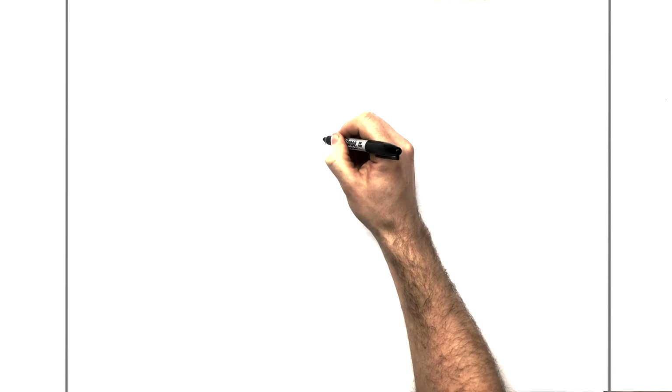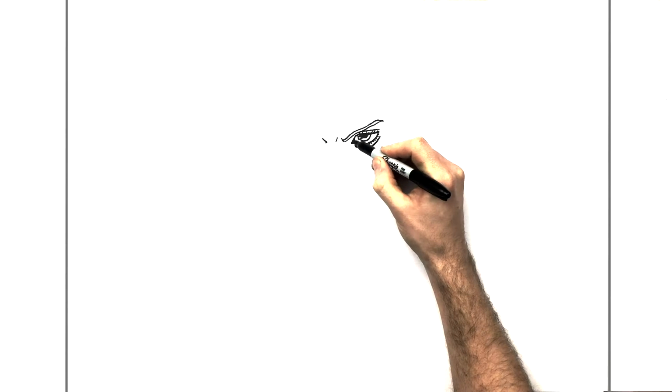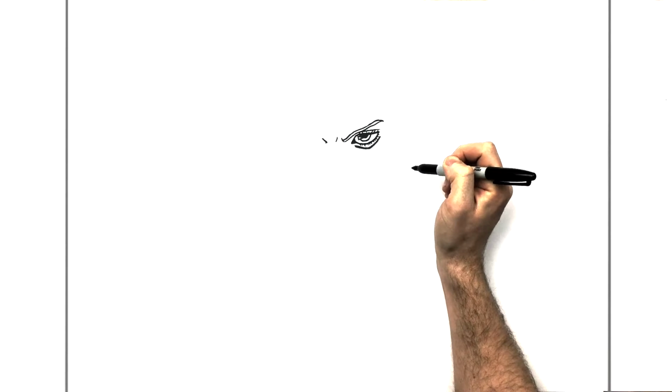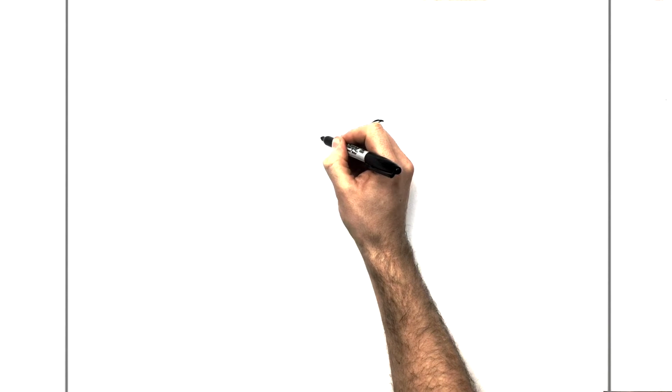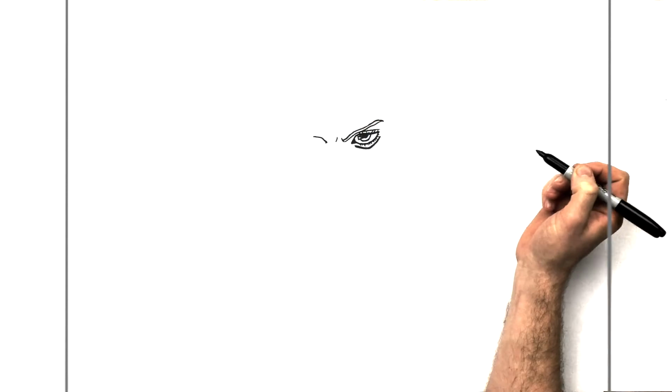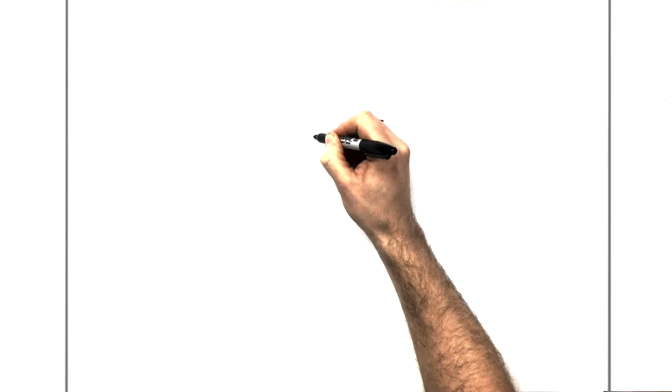So we go diagonal up, like the other one. Like this. And then this is going to come across, like so. And then it's going to curve up the other side.